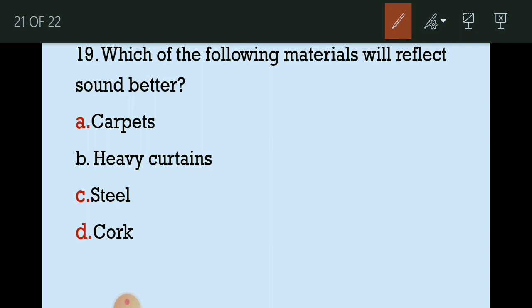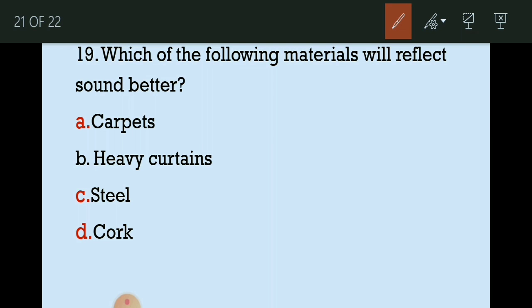Okay, but if the time span increases, then what will happen? If it comes back after 0.1 second, then we can easily hear two sounds, that is the original sound and the reflected sound. So in a big hall, we generally see that echo is produced due to the reflection of sound. So there are two conditions I told you. The first condition is the time span should be more than 0.1 second.